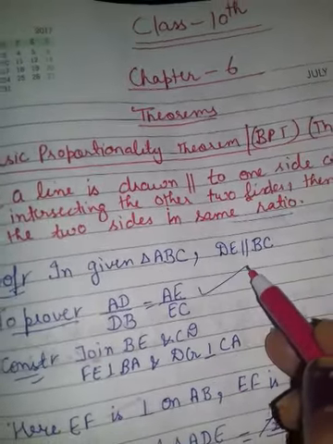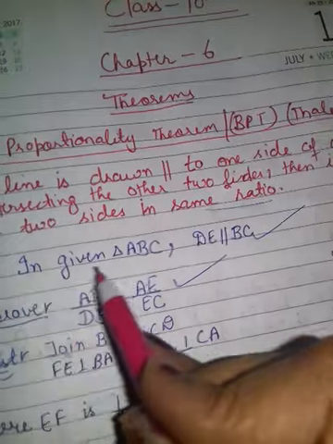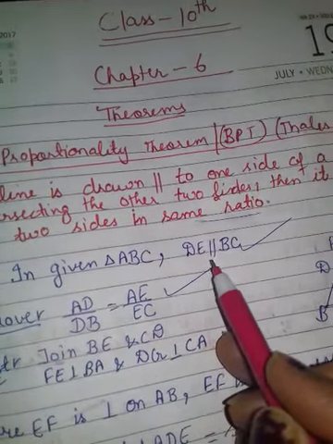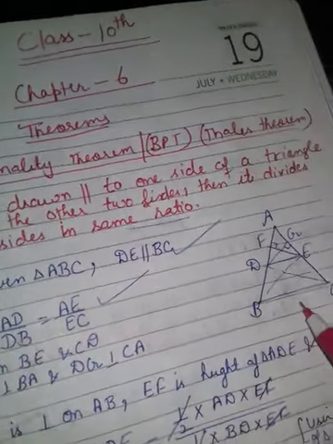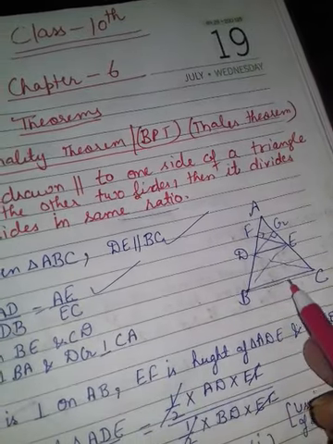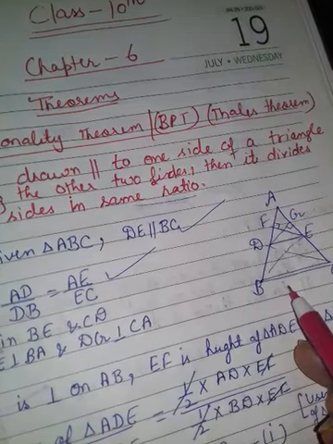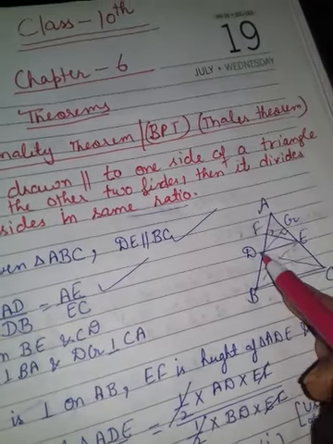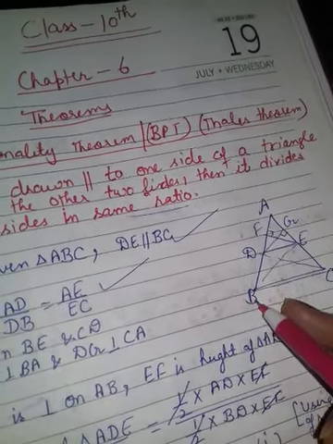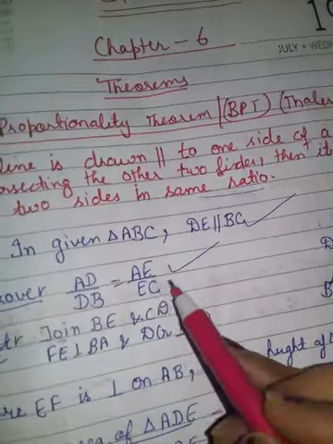You are given a triangle, and one line DE, which we have drawn ourselves, is parallel to one side of the triangle and intersects the other sides. You have to prove the ratio is equal.